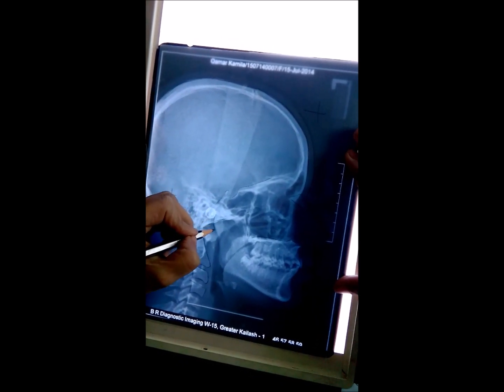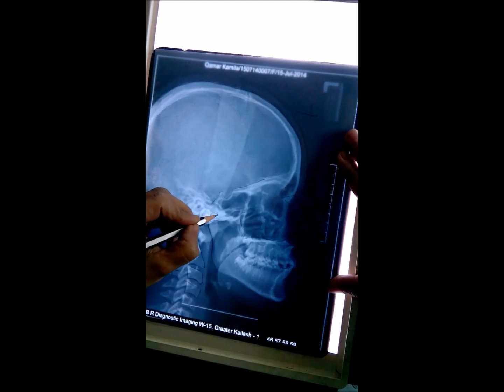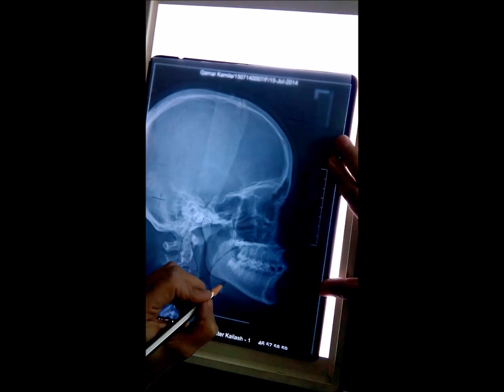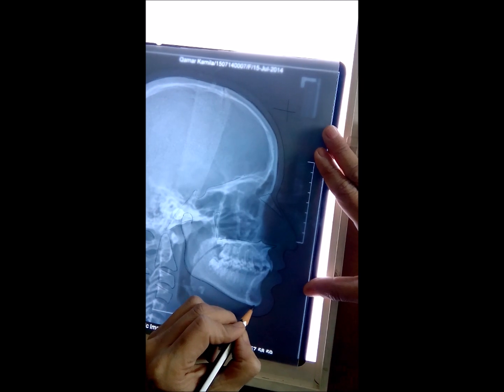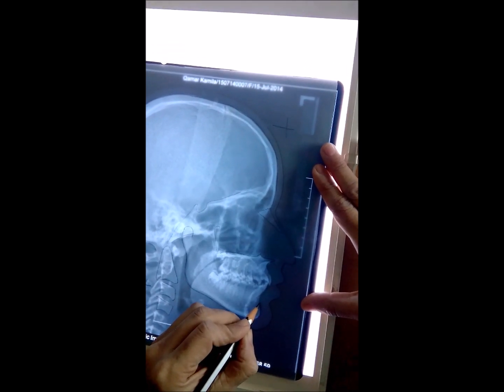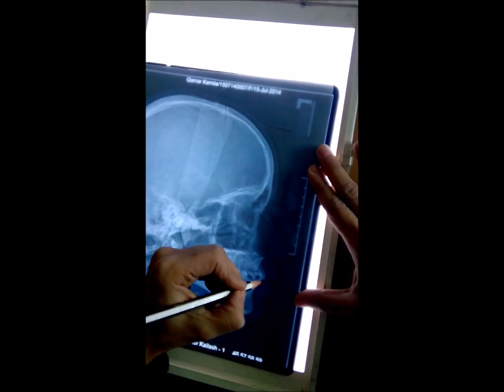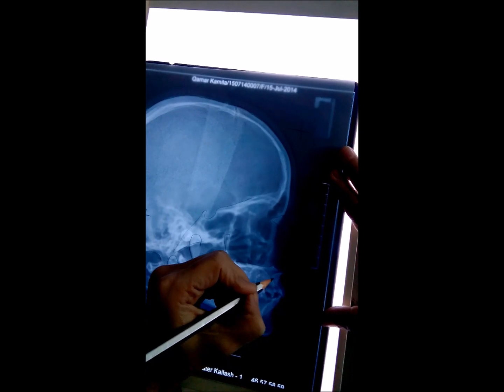You can see the posterior border of the ramus here, very clearly visible. The condyle, the lower border of the mandible, joining the teeth. Then the upper central incisor outline along with the root.